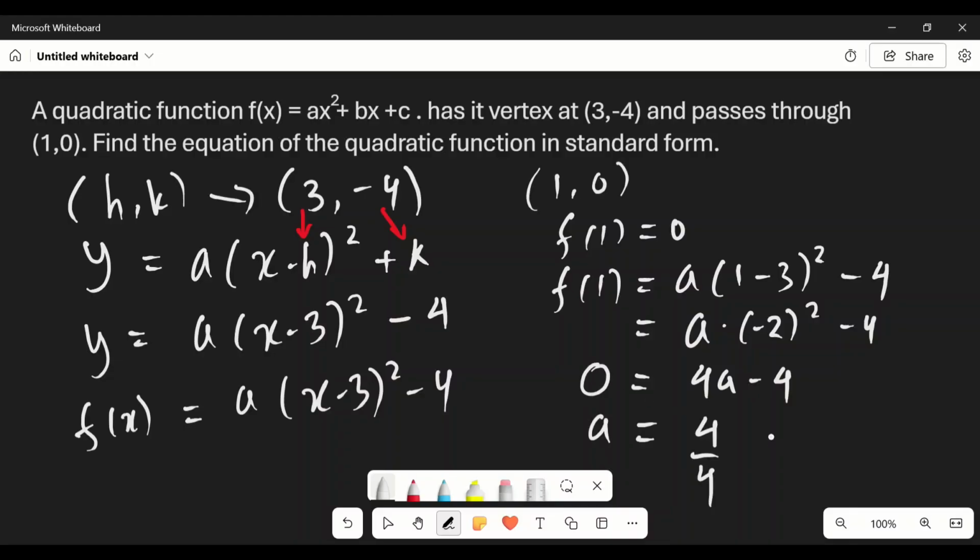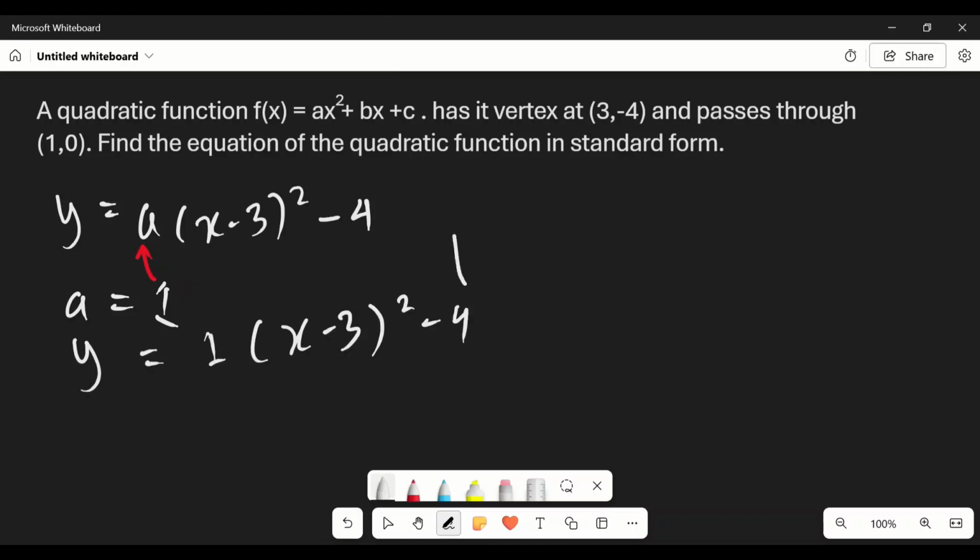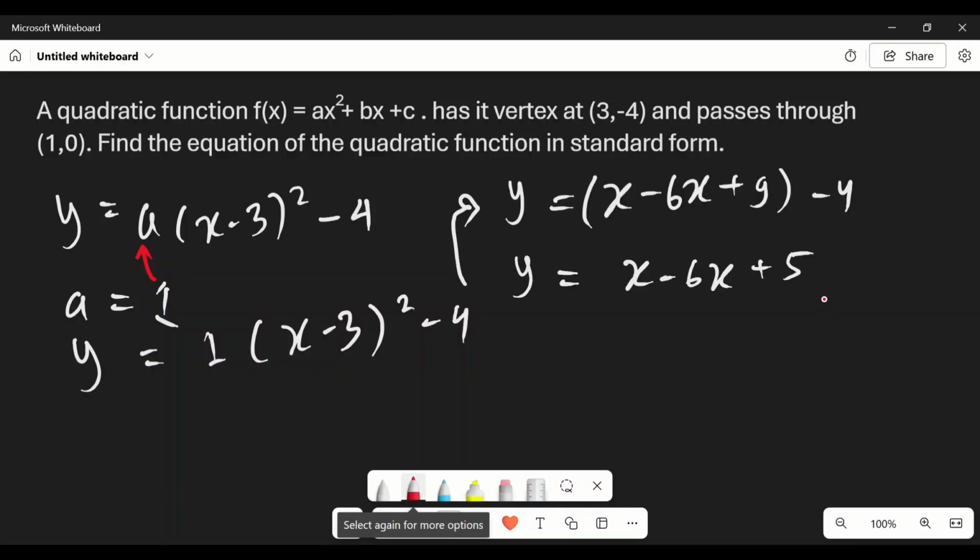Then we get a is 4 over 4, which is 1. We already found a, then we substitute a into the equation. Then we can expand this. We simplify this a little bit, and here's the result.